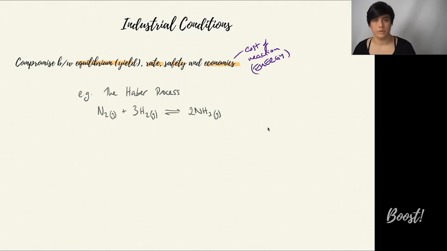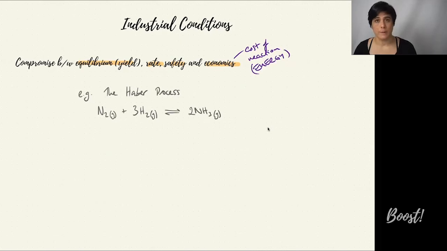So for example, if you need to heat up a reaction a lot, then it's going to cost a lot because we have to burn some fuel to produce that energy. Or it could be to do with the cost of, for example, maintaining a high pressure in a pressurized situation. So there could be various things that affect the cost. But whenever you're asked a question about this, that is the effect on the optimum conditions used in industry.